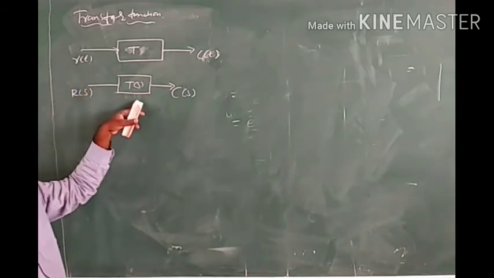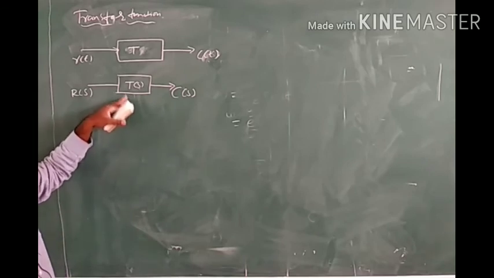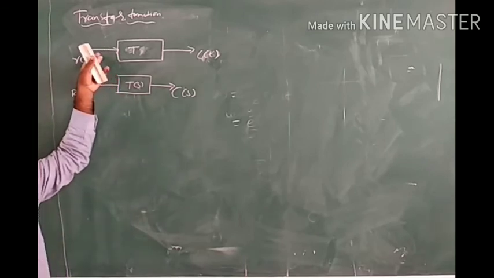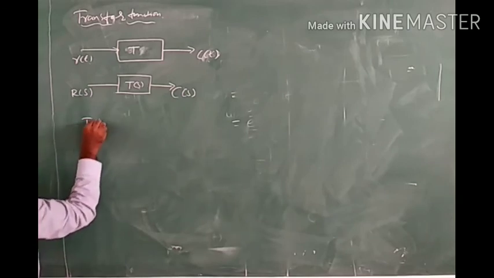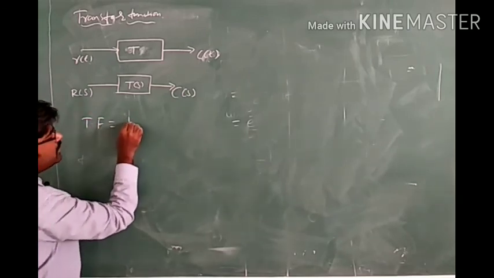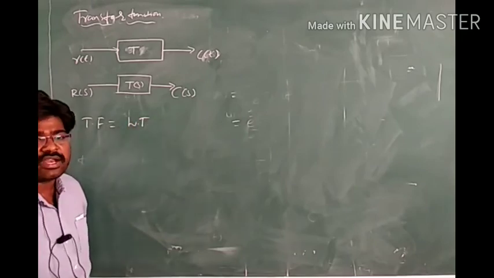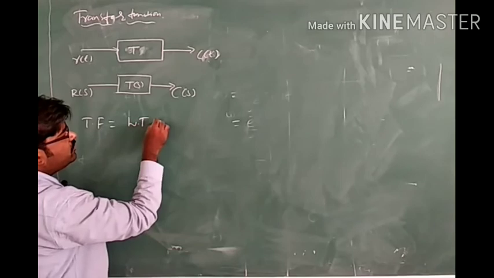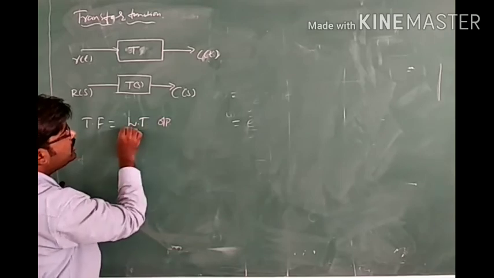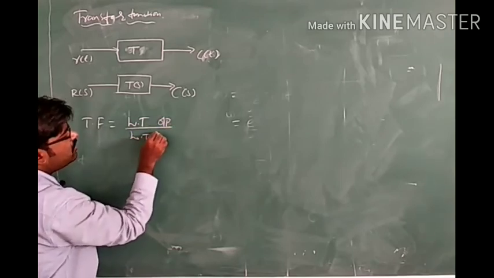So this is the frequency domain, the Laplace transformation of the time domain. Now come to the definition. Transfer function is defined as the ratio of LT. Here onwards I will write LT, which stands for Laplace transformation: the Laplace transformation of output to the Laplace transformation of input.